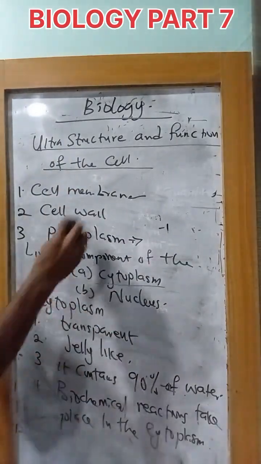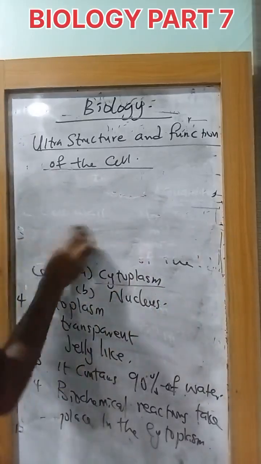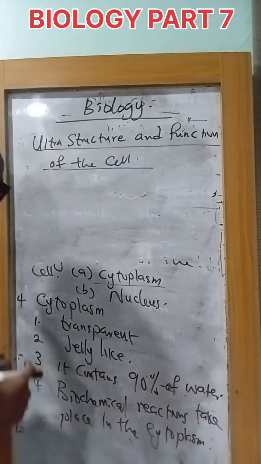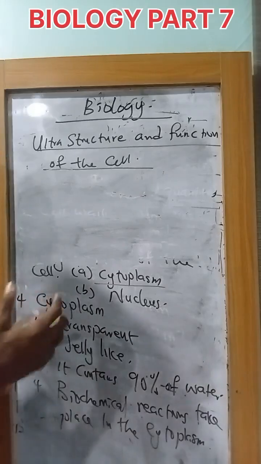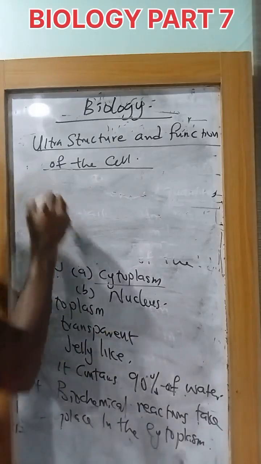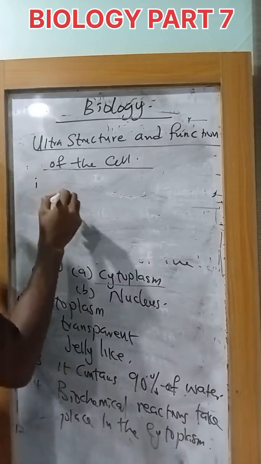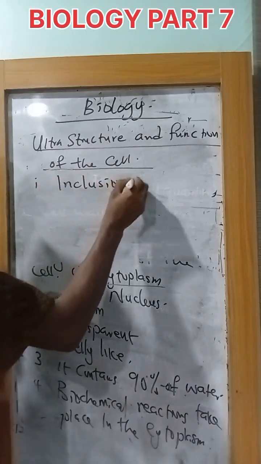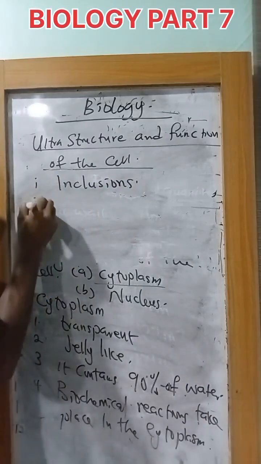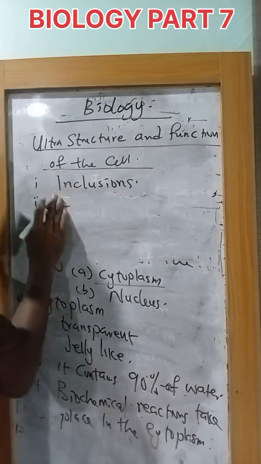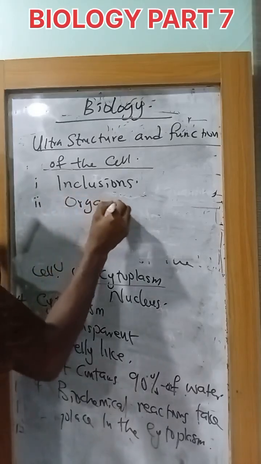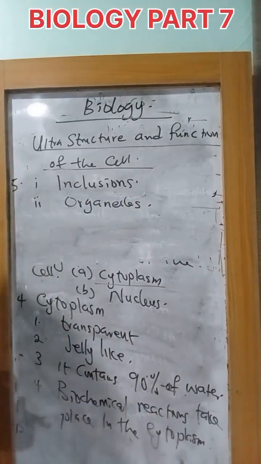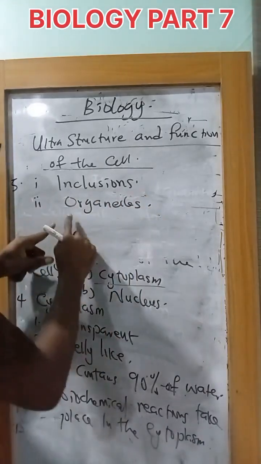Another thing I want you to know about the cytoplasm is that it contains certain minute structures. Inside the cytoplasm, we can find what we call inclusions, and we can also find what we call cell organelles. So I'll put that as number 5: in the cytoplasm, we have inclusions and organelles.